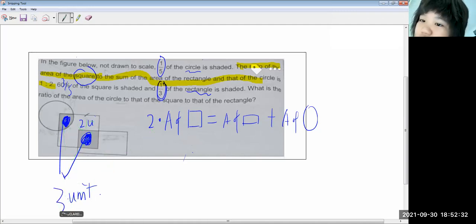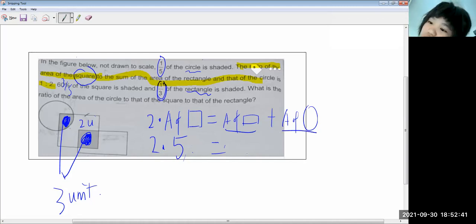If these two add to 3U, so that means this is 5U. So that means these two add to 10U. Does it make sense? Yeah. So this is 10U.